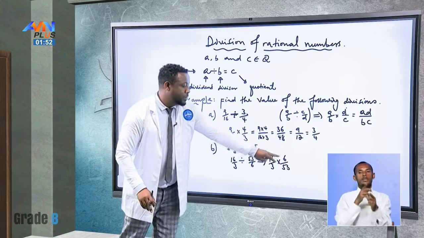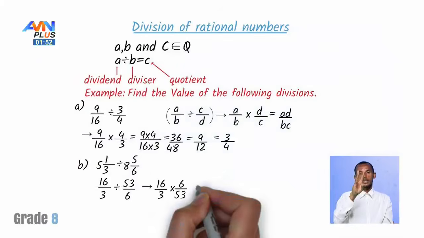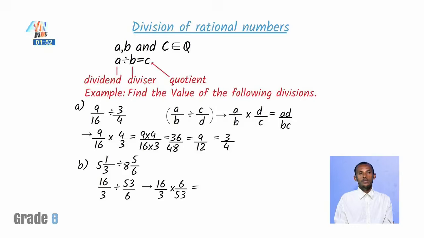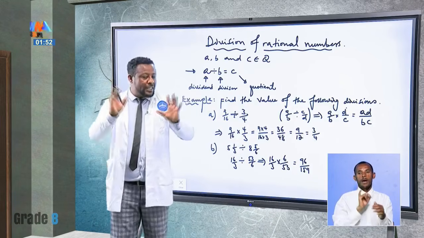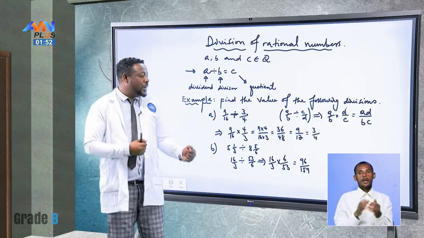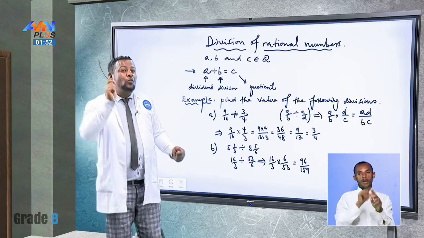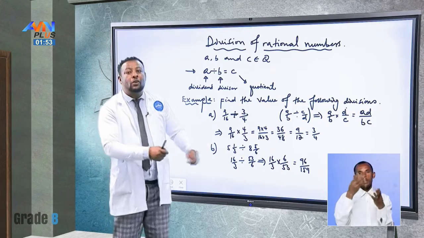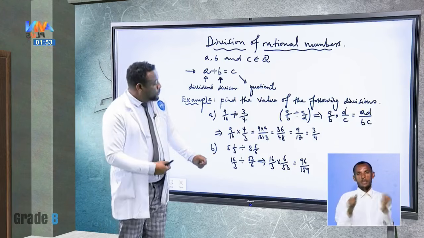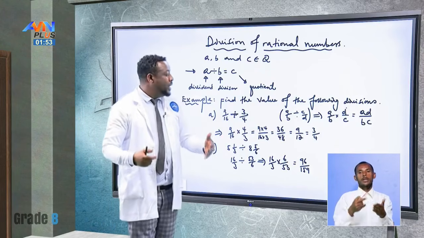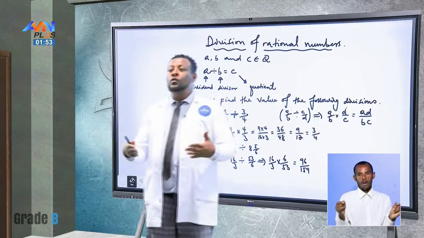Multiply 16 by 6, the result is around 96, and 3 times 53 is around 159. Students, you will correct me if I'm mistaken. I'm calculating the numbers orally, but you need to focus more on the procedure of dividing two fractions. So this is how we divide two fractions.